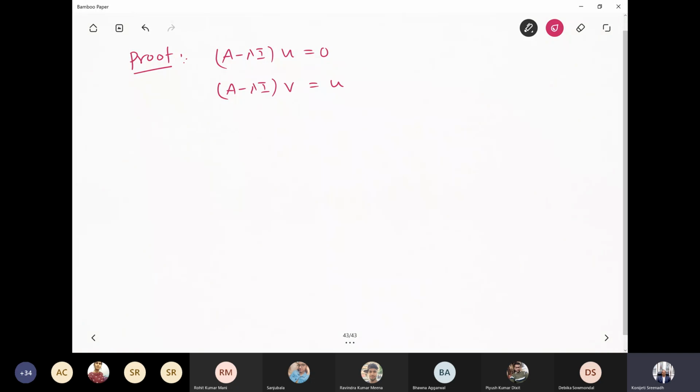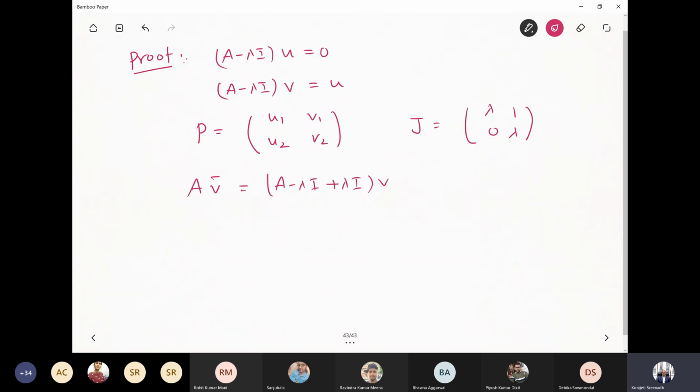So let us take the matrix P, which is u v, that is u1, u2, v1, v2, and J we already said is lambda 1, 0 lambda. Now we use the fact that A v is nothing but A minus lambda I plus lambda I into v. So this is A minus lambda I v plus lambda v.